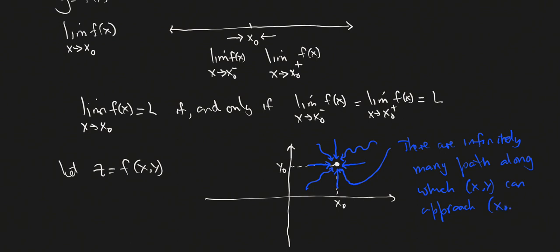Can still approach my x0, y0. But again, the concept is still the same. I'm getting closer and closer to a fixed point. What is happening to my dependent variable?